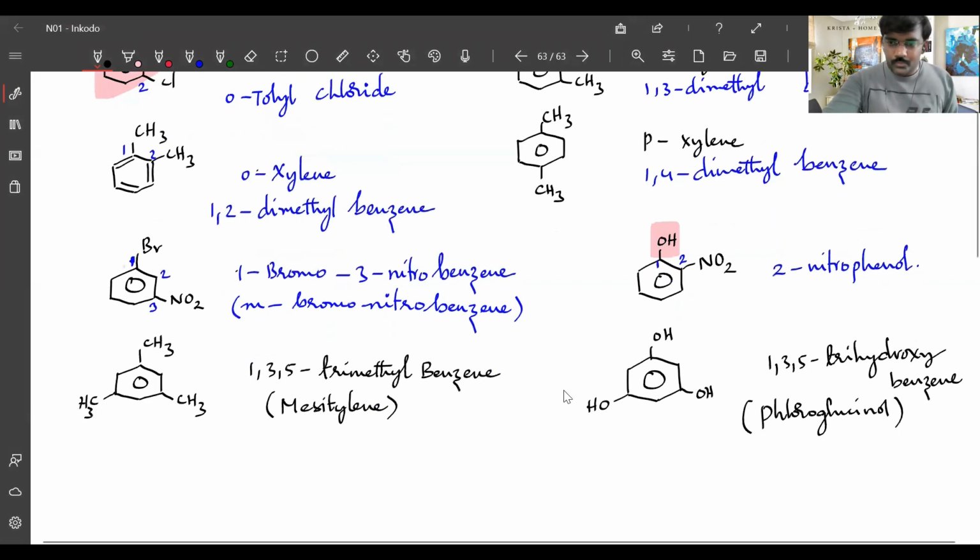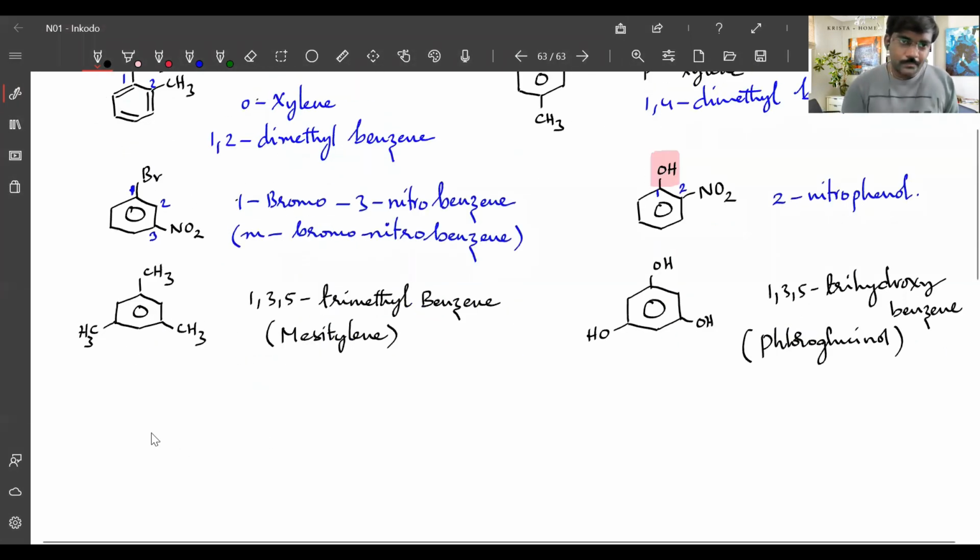Next, one more important group of derivatives are called cresols. Cresols means we have a phenol group. This is phenol. On the phenol, a methyl group is also there. So on the benzene ring, one methyl group and one OH group.